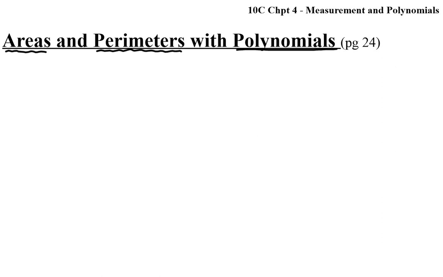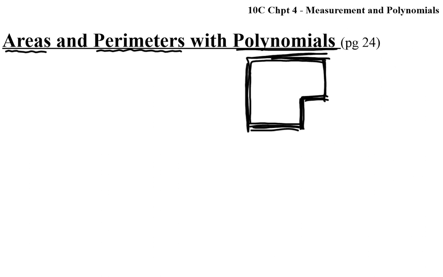So remember, it doesn't matter what kind of shape you have. If I want the perimeter, I want the total of all the distance around the object. That's a perimeter. Add up the sides.